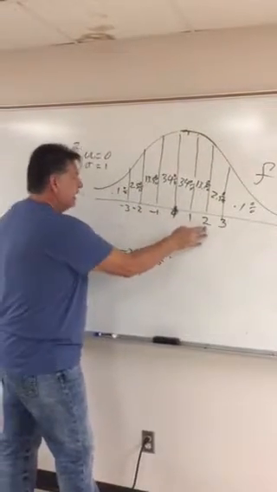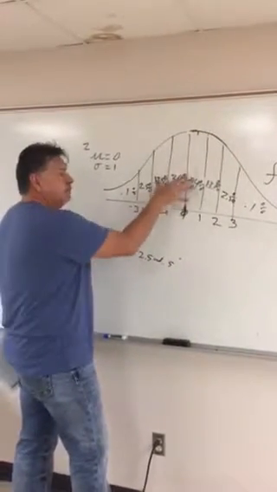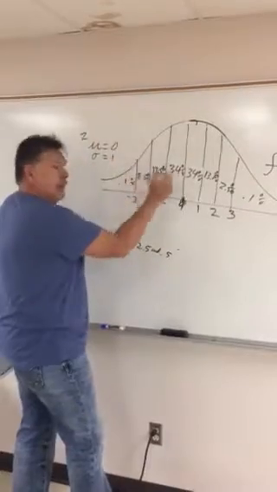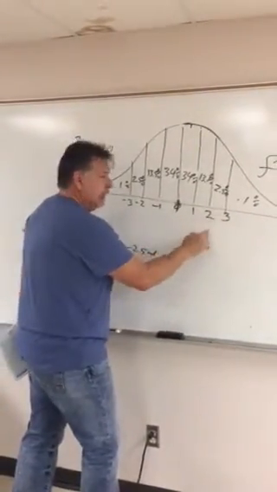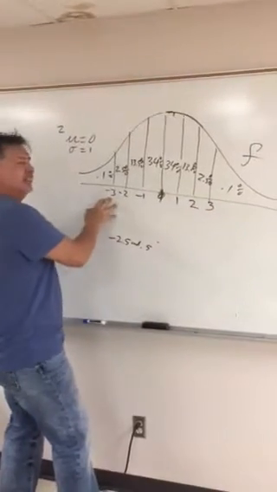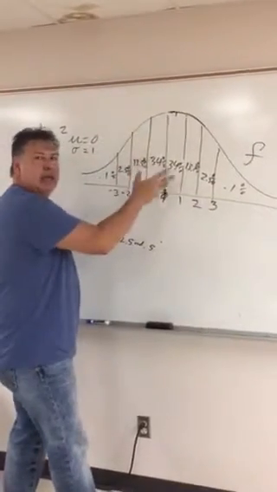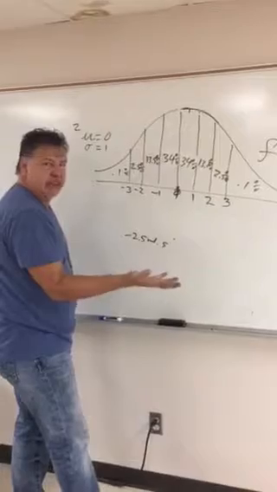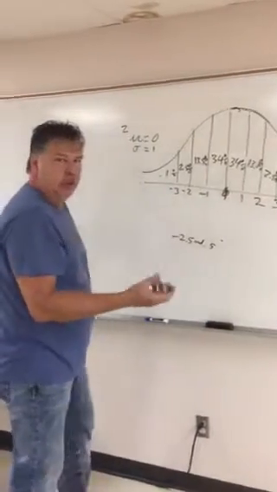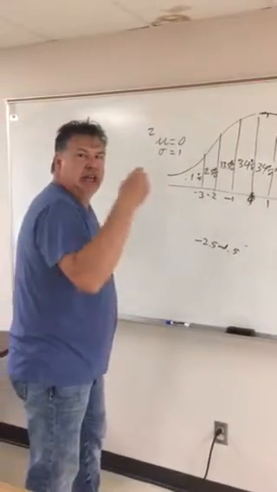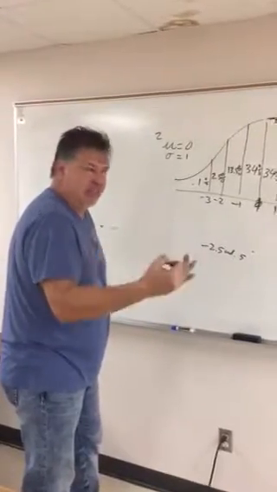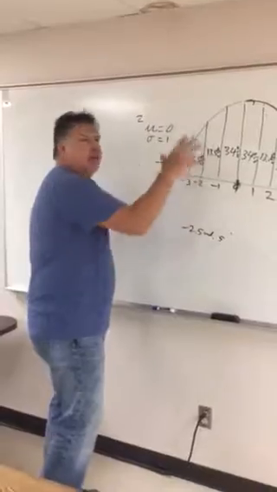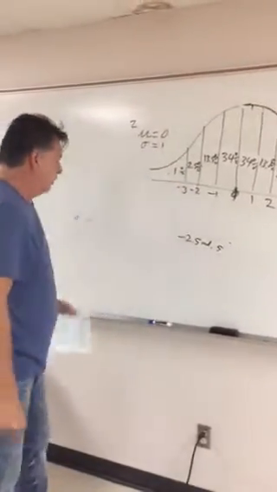If I go plus and minus two standard deviations, it will incorporate 95% of the area under the normal curve. And if I go out plus and minus 3 standard deviations, it's going to make up 99.7%. That's called the empirical rule. Plus and minus 1 is 68, plus and minus 2 is 95, and plus and minus 3 is 99.7. So we'll use that every time we use a Z distribution.